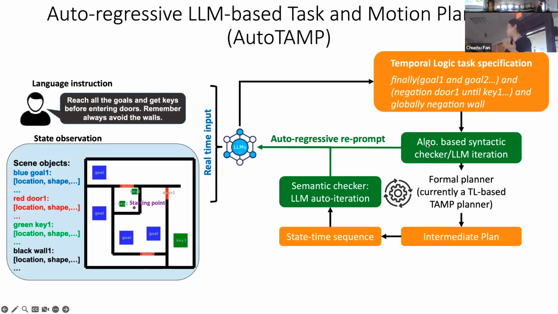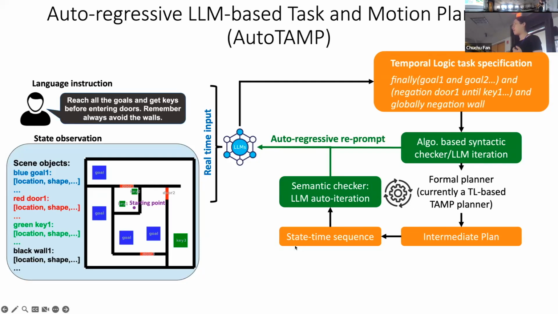And that is very easy to check. It's basically checking the grammar. If anything is translated into a syntactically wrong temporal logic, we have a way to automatically tell the large language model this part of the translation is wrong, and generate a new prompt to ask it to find a new temporal logic.